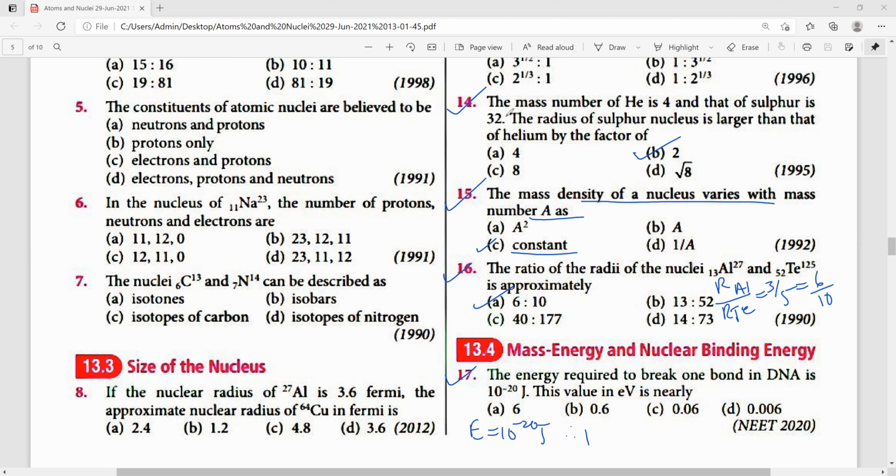Therefore, energy E is equal to 10 to the power of minus 20 divided by 1.6 into 10 to the power of minus 19. So this becomes 0.0625 electron volt, which is equal to 0.06 electron volt. The right answer is C1.